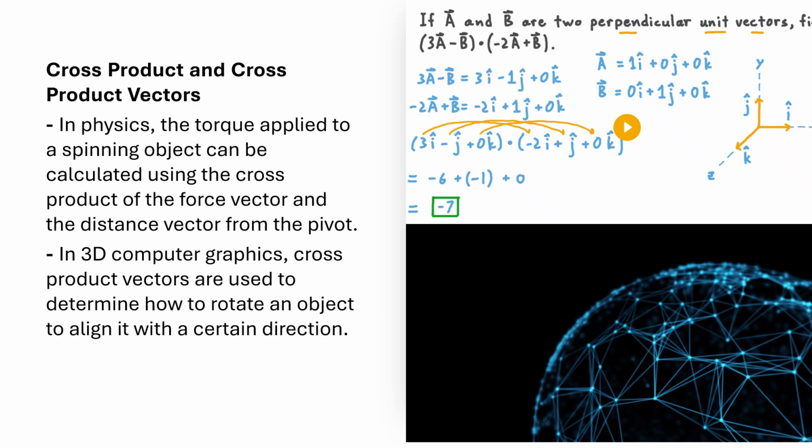We need to do these operations using the distributive property, where the first term is multiplied by each term of the second parenthesis, and finally we need to sum the terms. The result is −7.